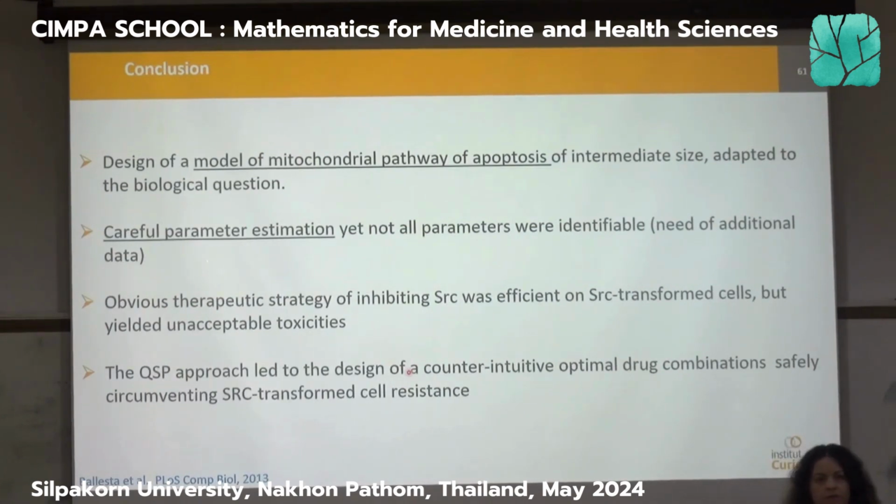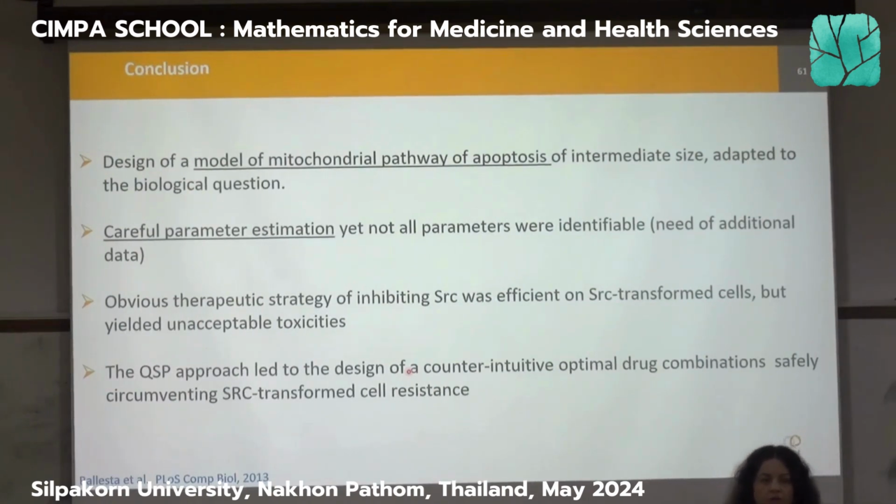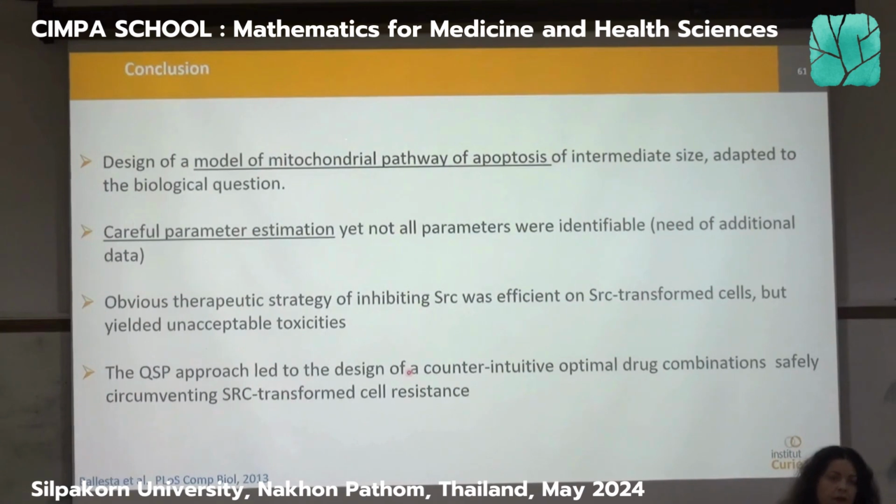We concluded that the obvious strategies, the most simple drug combinations, were not working in this particular case, and the optimization procedure helped us identify a non-intuitive drug combination that was then validated in experiments.